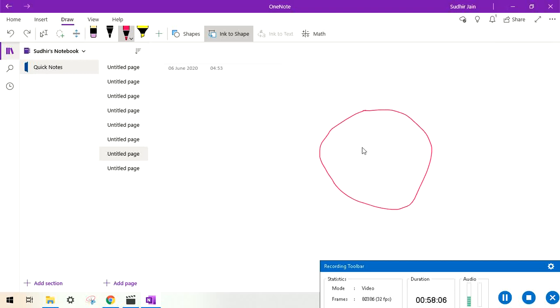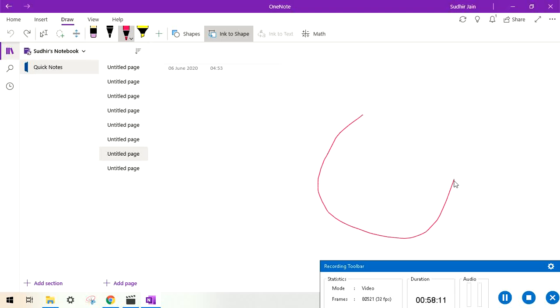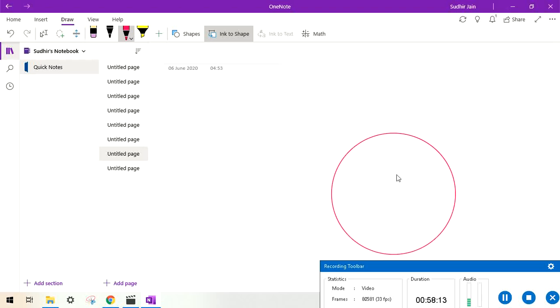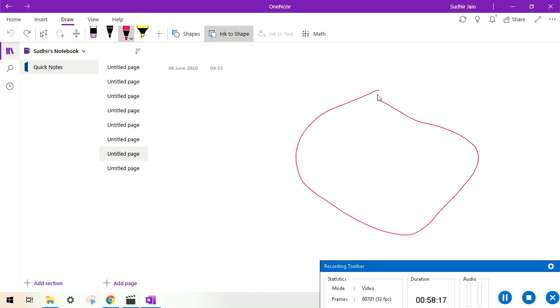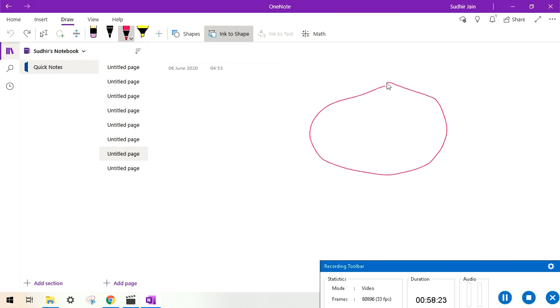It is again a perfect circle. Oh my god. Yeah, somewhat like this. Okay, yeah.